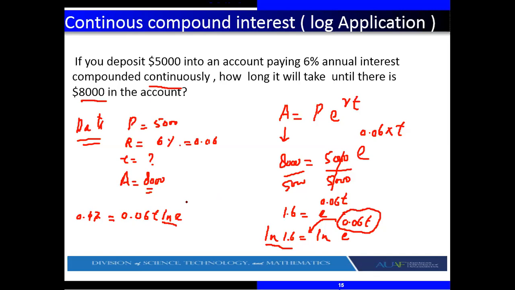And from the property we know that ln e is equal to 1. So we have 0.47 equal to 0.06 multiplied by t. If you divide both sides by 0.06, what is the value of t? t equals 0.47 divided by 0.06, which equals 7.8. So the time is 7.8 years.